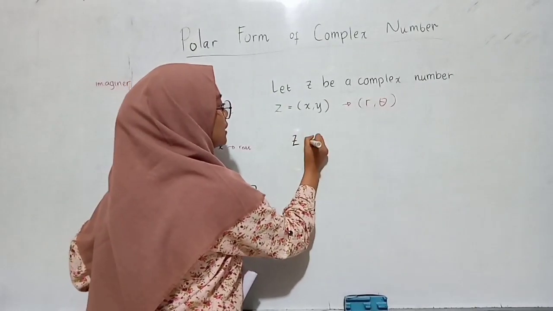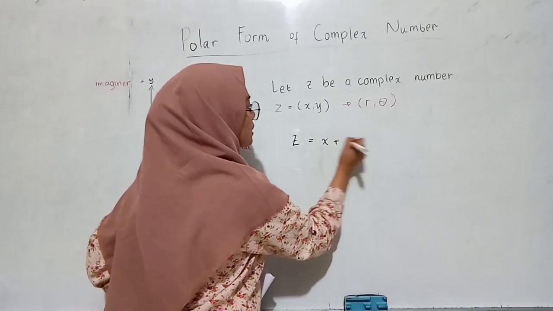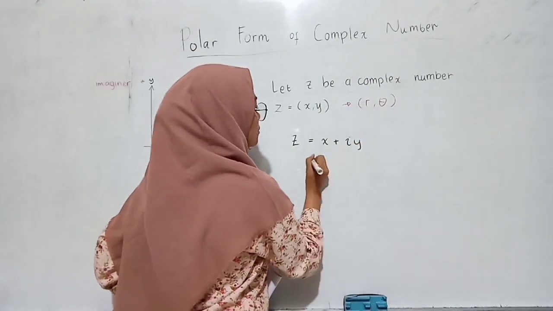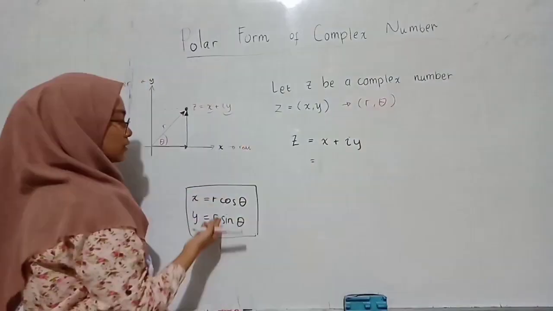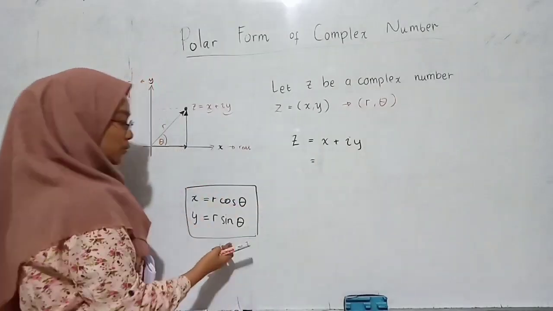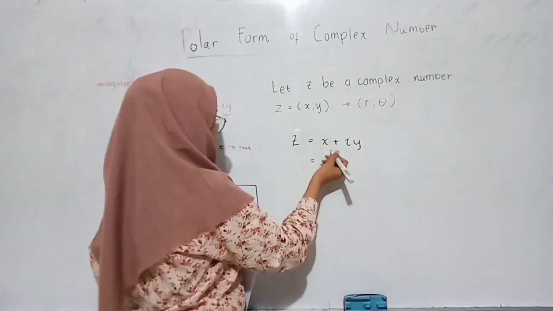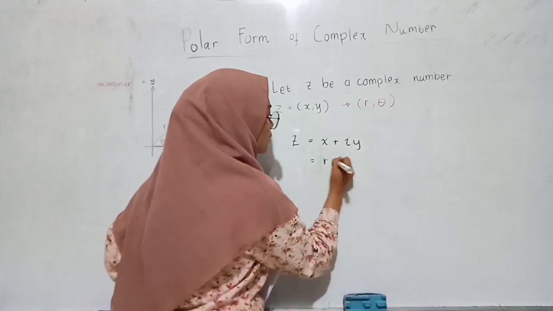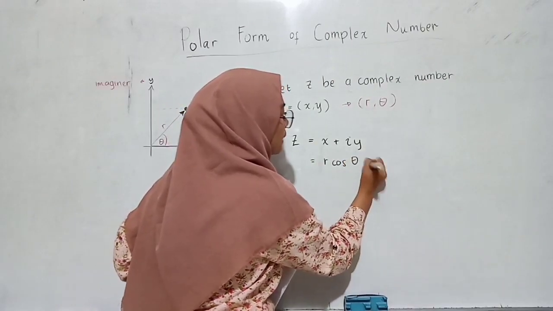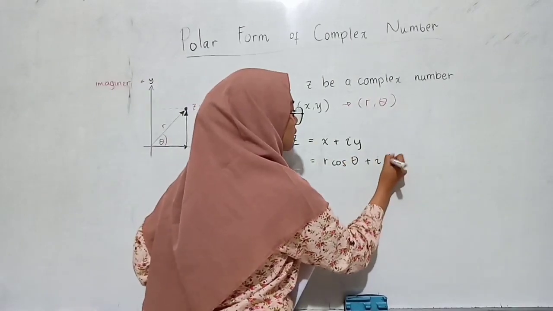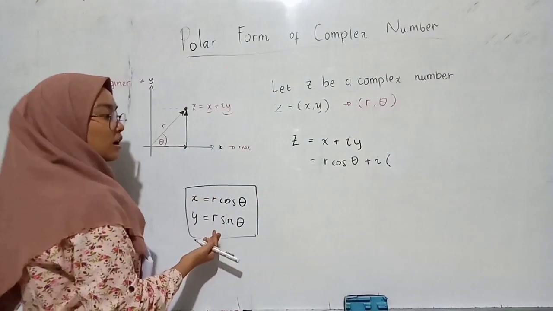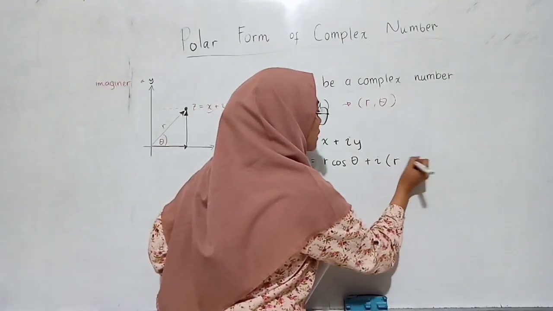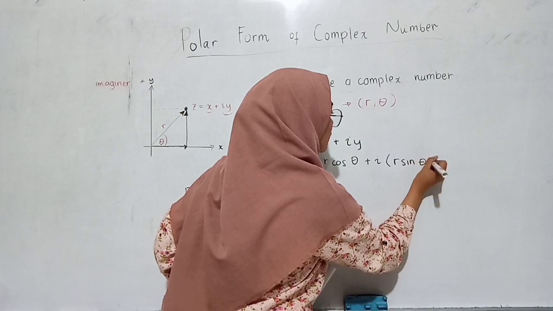We know that Z equals x plus iy, so we change x into r cos theta and y into r sin theta.